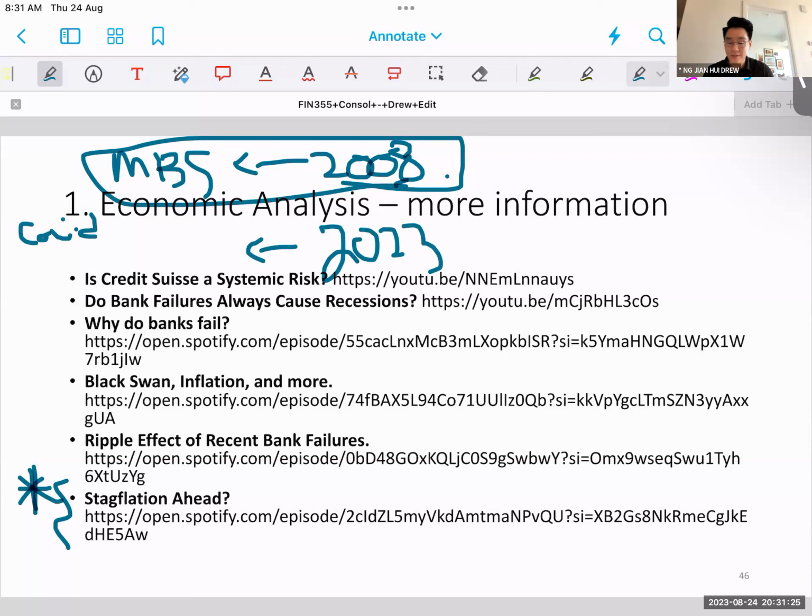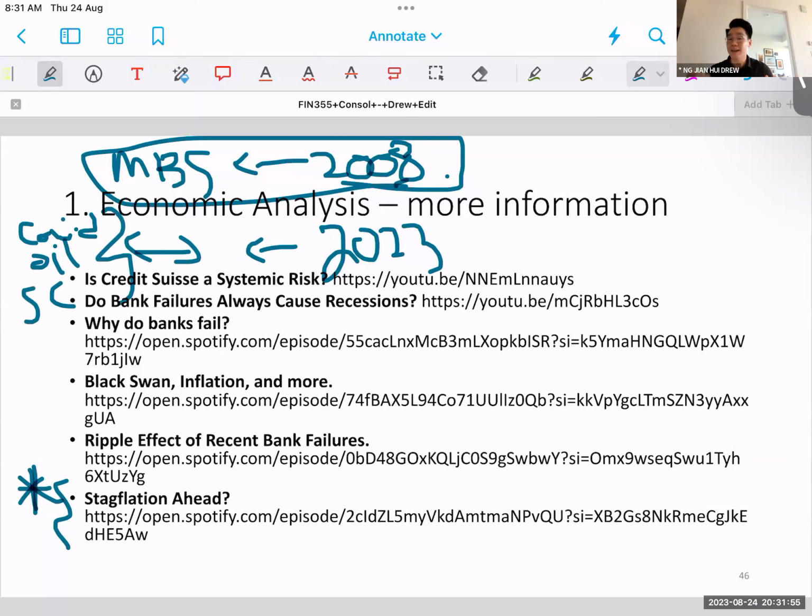And because of that, and various other reasons like oil prices increasing, we have an issue with the supply chain. So there are various factors, right? Oil, supply chain, so it's a combination of a few factors: COVID, oil prices, supply chain, which result in stagflation happening, right?